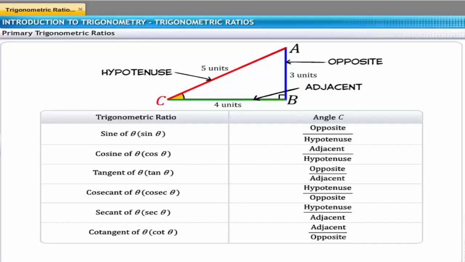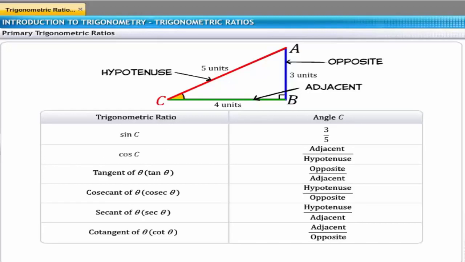Let's find the trigonometric ratios for angle C. Sine C will be equal to opposite side to angle C divided by hypotenuse, which is equal to 3 divided by 5.